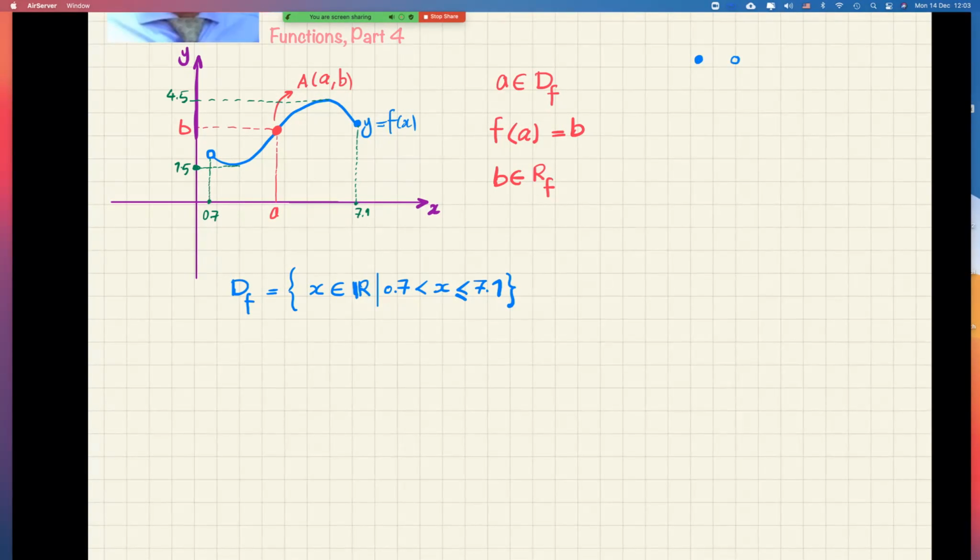Then what should I write for the range? For the range, I should write all y. It is common to write y for the range. If you write x, that's also correct, but let us respect the rules. So I would write y belonging to R, y is between 1.5 and 4.5.